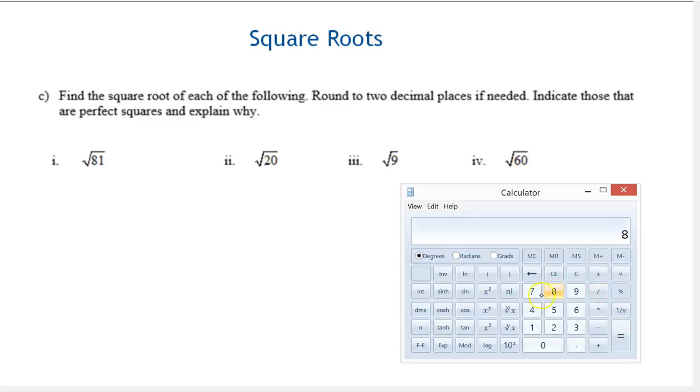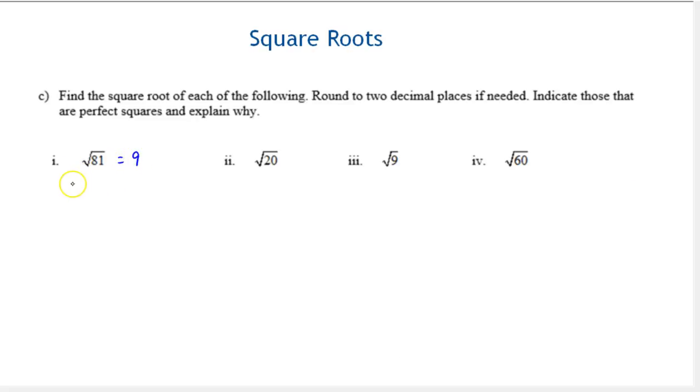On this really old free version, I hit the square root button afterwards. Okay, so the square root of 81 is 9. And this is a perfect square because 9 squared equals 81. So it's a perfect square when we have a whole number answer.